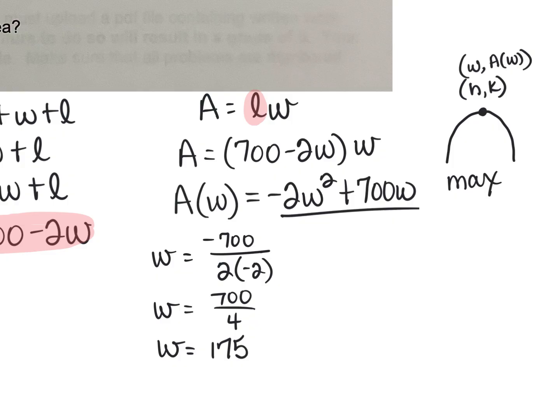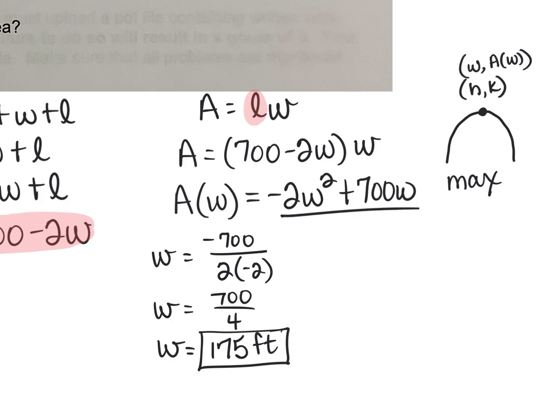Now, what that means is if I created my rectangular section, I would have 175 against the barn on both sides. And then if it wanted to know what the rest of it was, you could go find that. This question only wants to know what width will maximize area, so that would be your answer. Should you be asked any other question on this, all you have to do is plug that in.